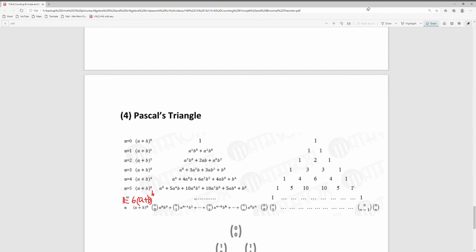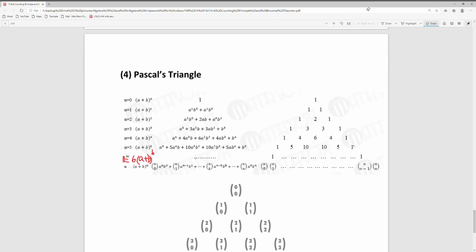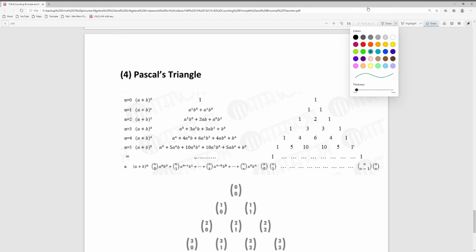But that's after we find out what the coefficient is first. Now, this is not a formal proof. This is just logical reasoning, without proof. If you need a formal proof, you can find it from other sources, but not here.